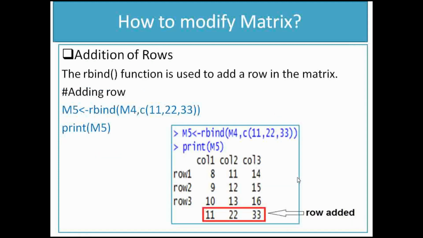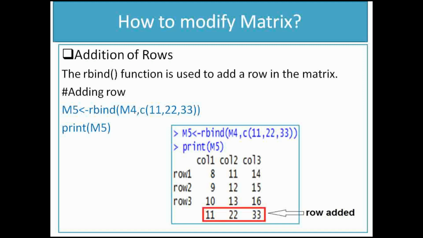Next, the same thing is possible with respect to rows. We can add a particular row using the rbind function. Here also you have to provide the name of the existing matrix, then the values you want to add as a row. Here the values are 11, 22, 33.